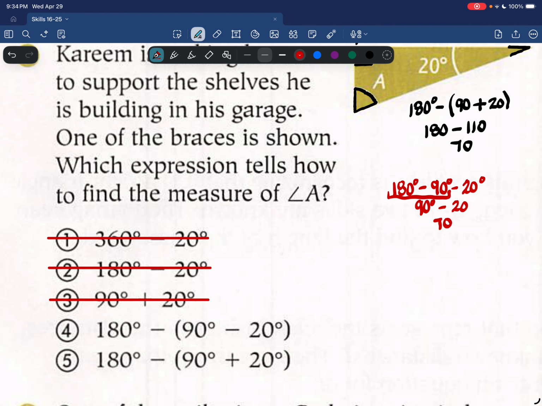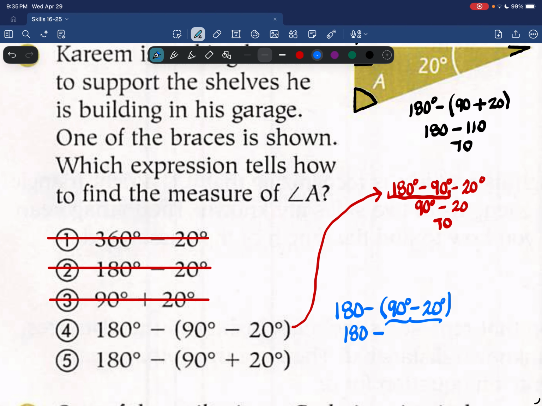Be very careful with number 4 because it looks like this. But look at how this one actually works out. This is why you must know the order of operations. So we have 180 minus 70 is 110. And that is not correct.